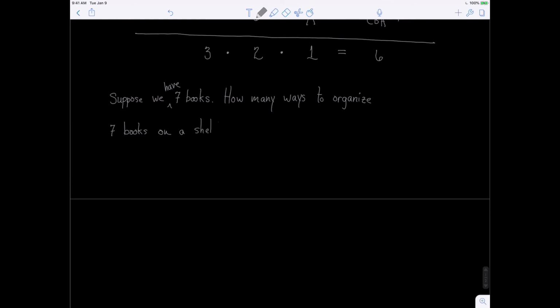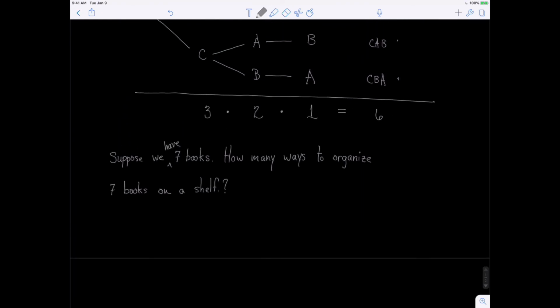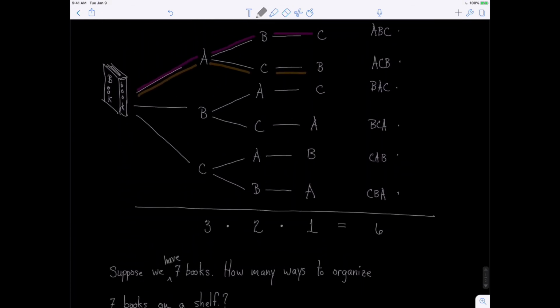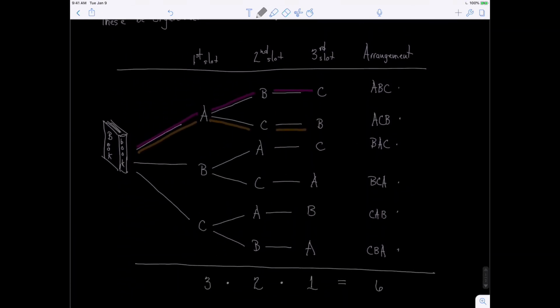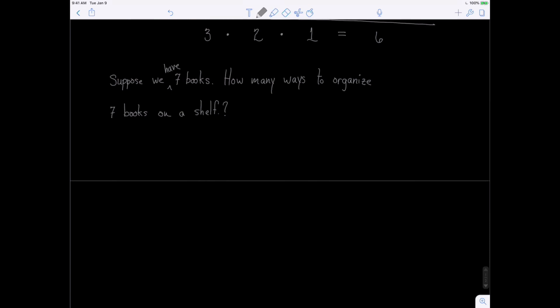Well, if we use what we just learned from above, instead of making the tree, let's think of it this way. We have our first slot, our second slot, and our third slot. So in this problem, we're going to have a first slot, a second slot, a third slot, a fourth slot, a fifth slot, a sixth slot, and finally a 7th slot.